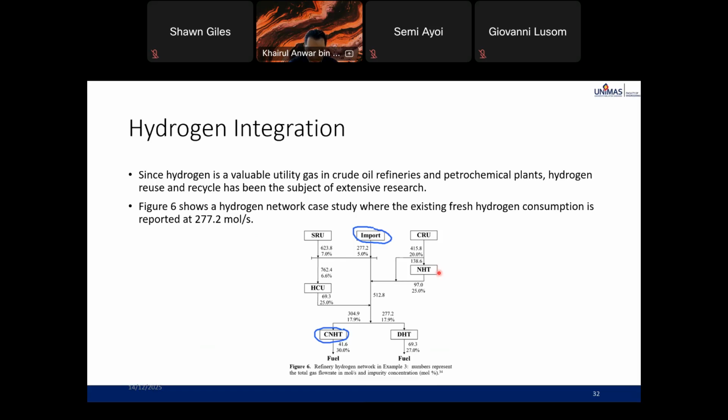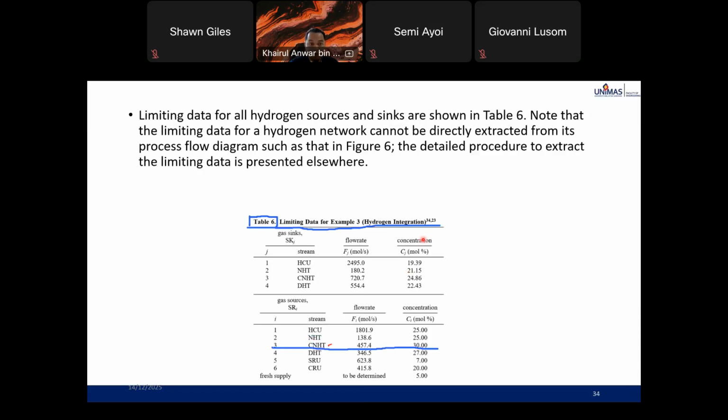Limiting data for all hydrogen sources is in table 10.6. Note that the limiting data for the hydrogen network cannot be directly extracted from the process flow diagram such as figure 6. The detail considered to extract the limiting data is presented as follows.